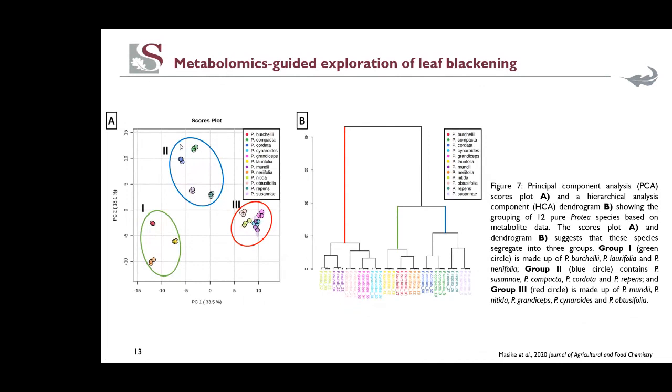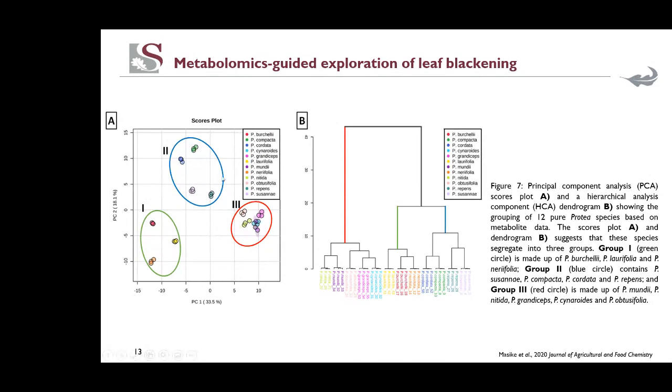And from the PCA, we see that we have 3 different groupings. These 3 different groupings can be linked to the physical susceptibility of these different species to leaf blackening, whereas group 1 and group 2 are oftentimes the species that are susceptible to leaf blackening, whereas group 3 is your species that are not susceptible to leaf blackening.